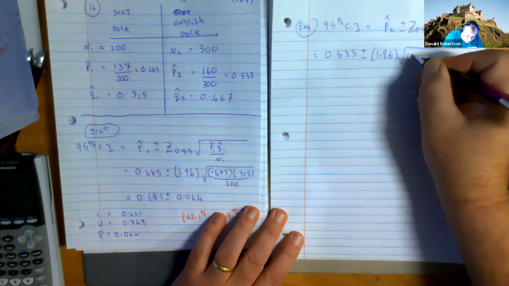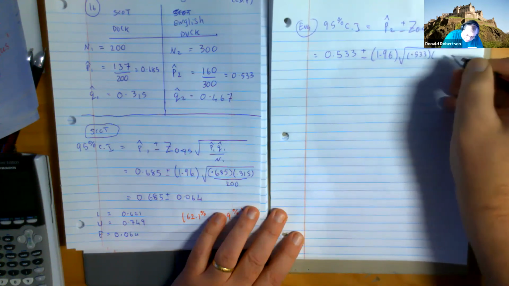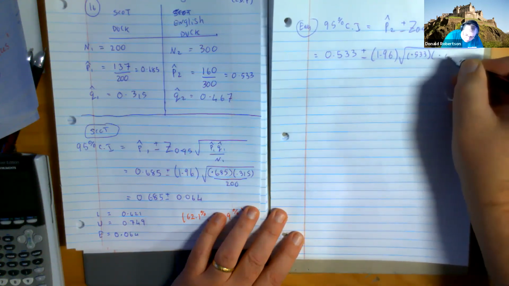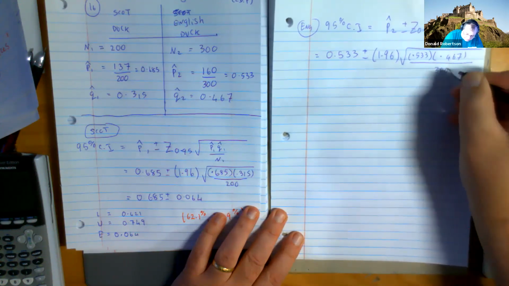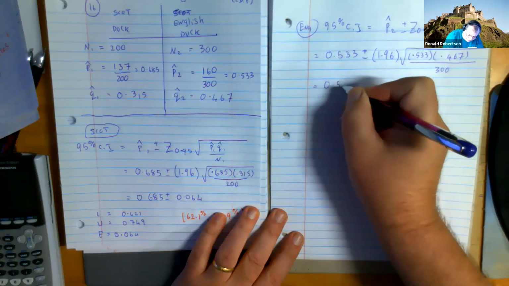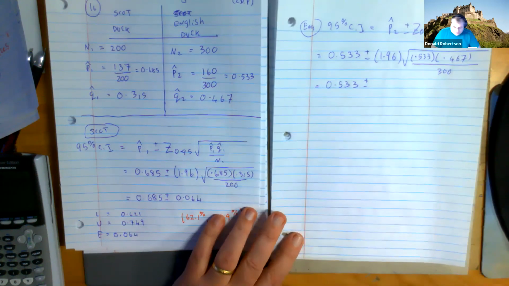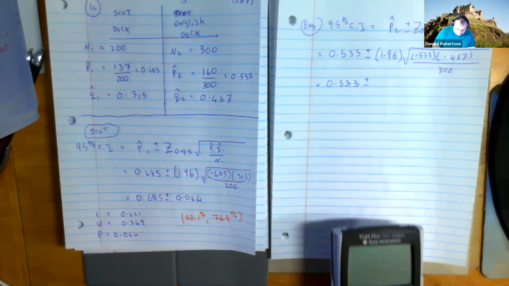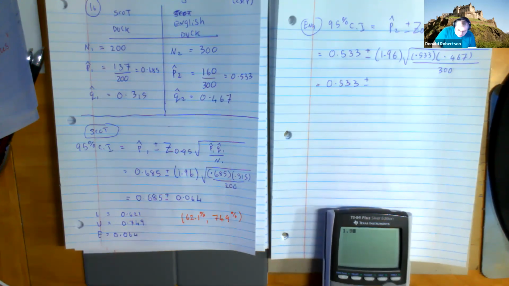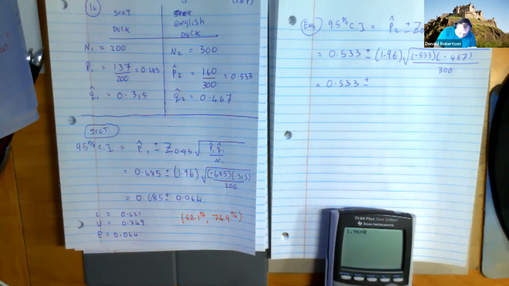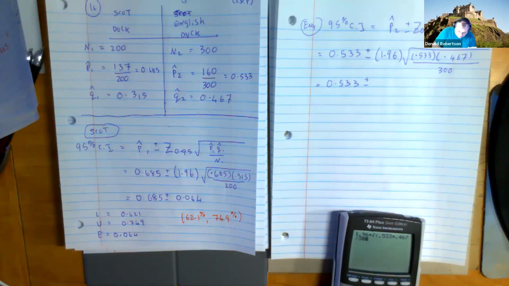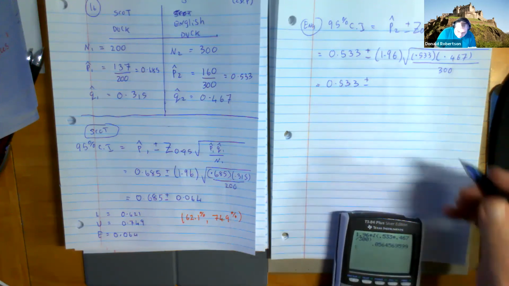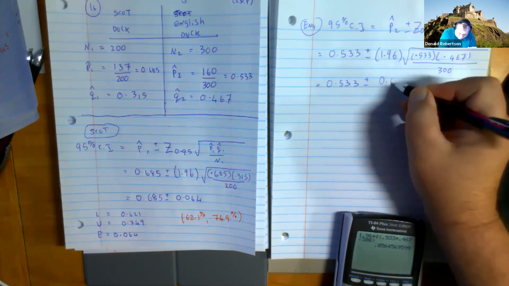So 0.533 times 0.467, and that's going to be divided by 300. So it's 0.533, and then I'll go through this horrible mess. 1.96 times the square root, in this case it's 0.056.